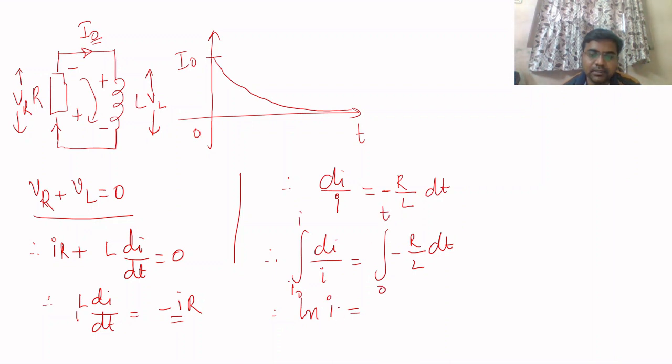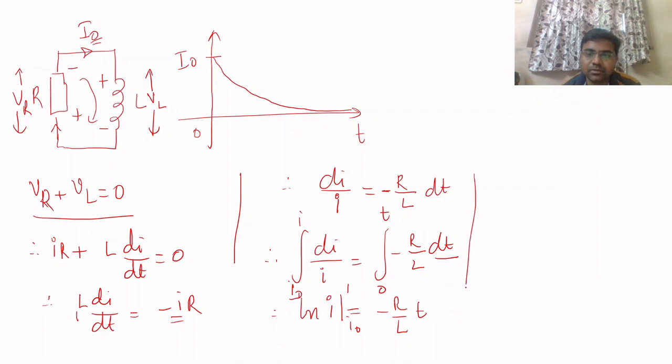The initial value of current is already there in the circuit, which is I0, so I integrate I0 to I, and here minus R by L into dt. The integration of dt is nothing but t.